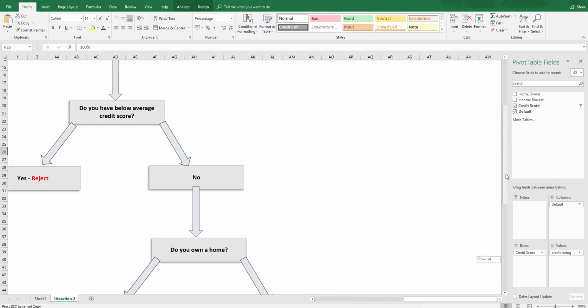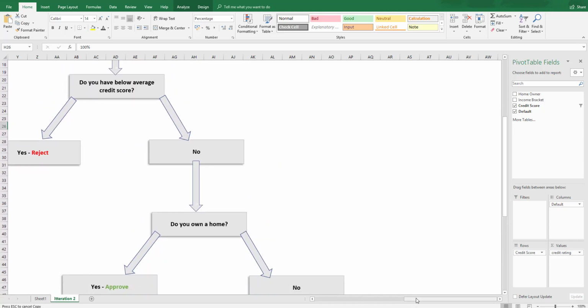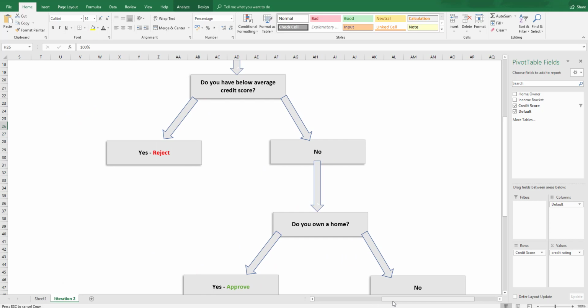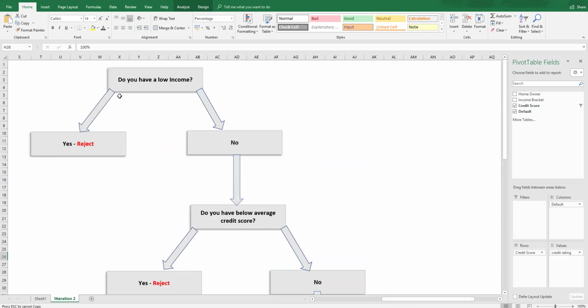Now, just looking at our decision tree and what has happened, the algorithm has found the quickest route to get to a decision node. And a decision node is where you can exclude some data. So at the first question, we were straight away able to exclude anybody that has a low income. So they've been rejected straight away.